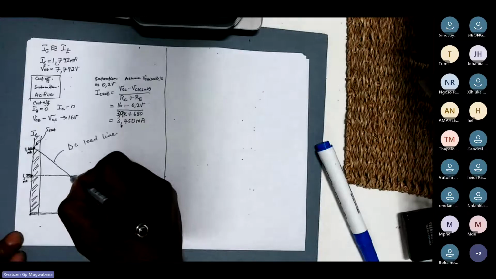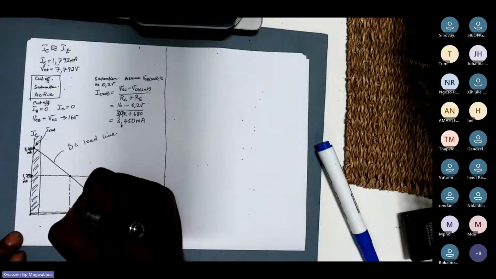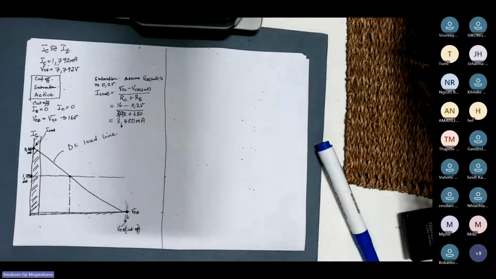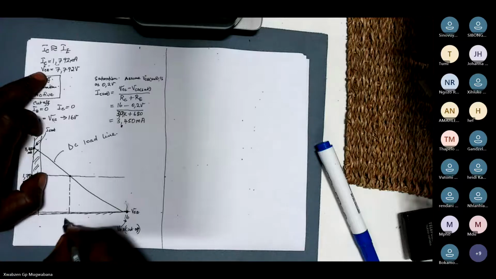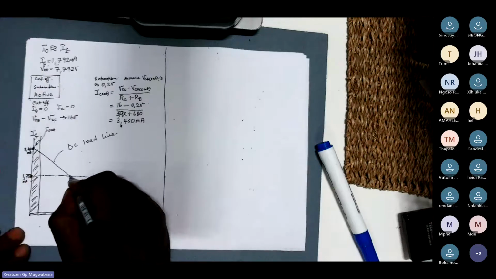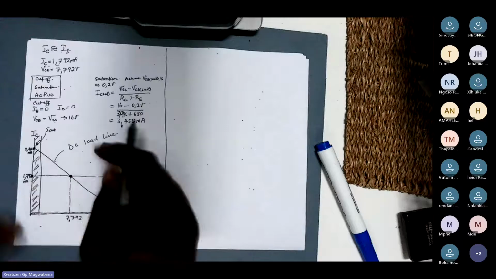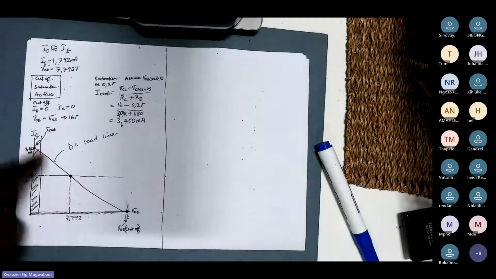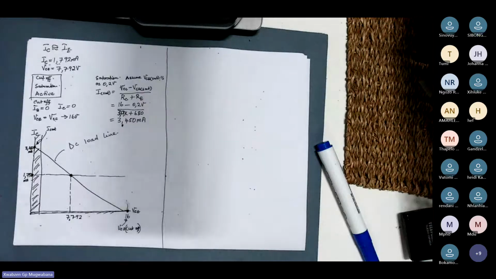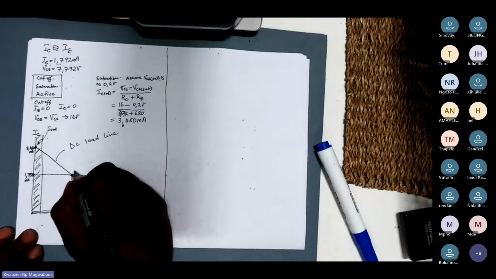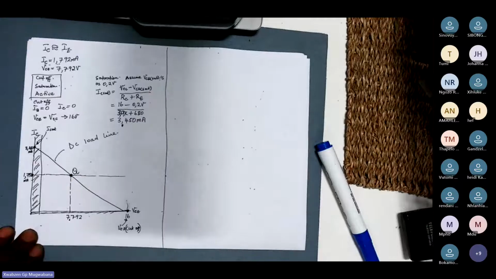Now, at this point, if I go down, I will find my VCE. What is your VCE? 7,792. This point where your saturation and your VCE meet at the DC load line is your operational point. This is what we call your quiescent point.